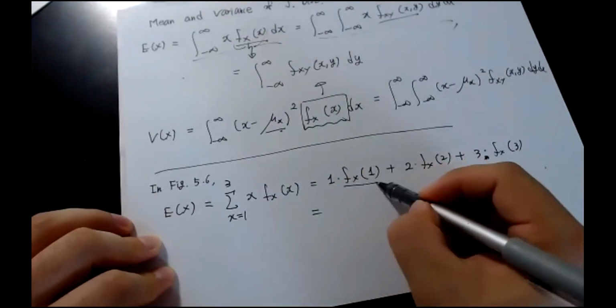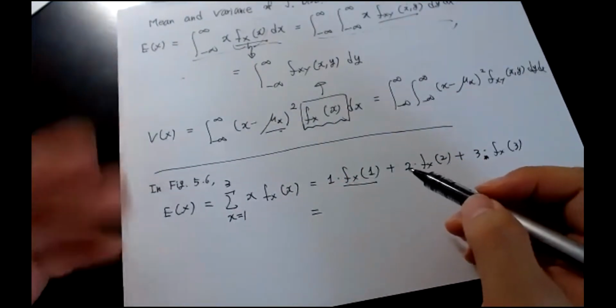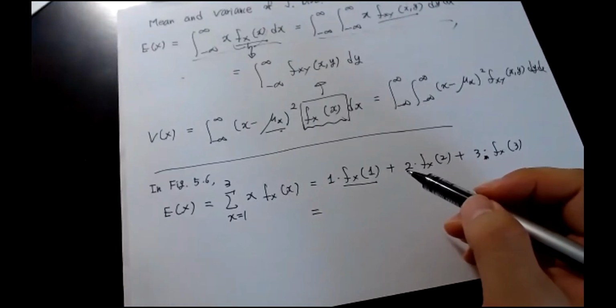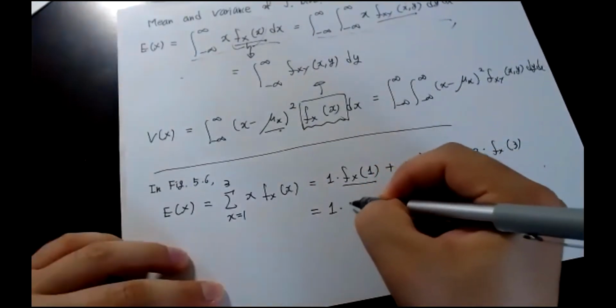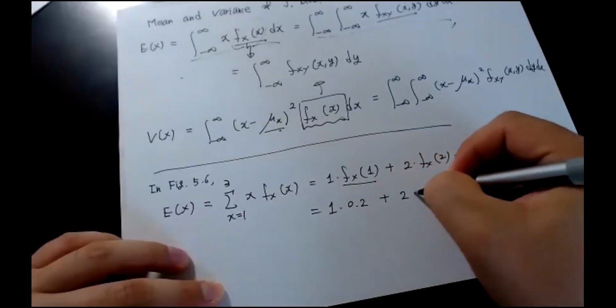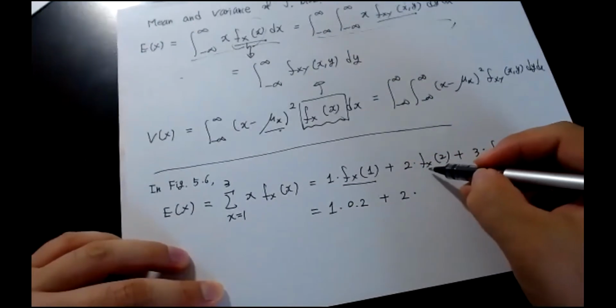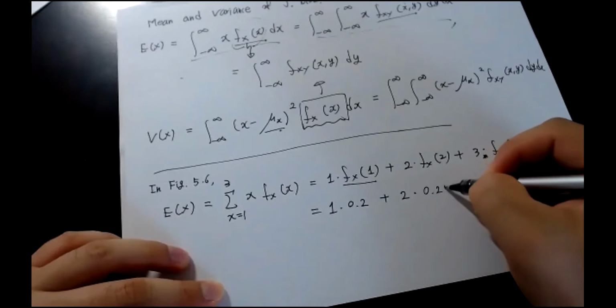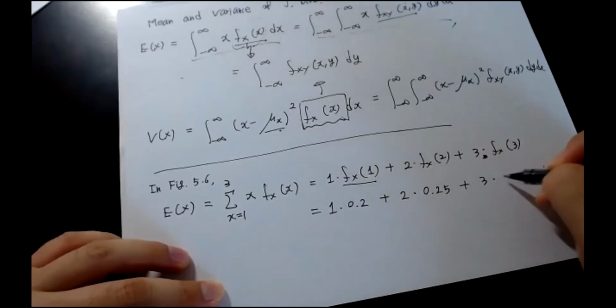The marginal PMF of 1, in the table, is 0.2. So this is 1 times 0.2 plus 2 times the marginal PMF of 2, which is 0.25, plus 3 times 0.55.